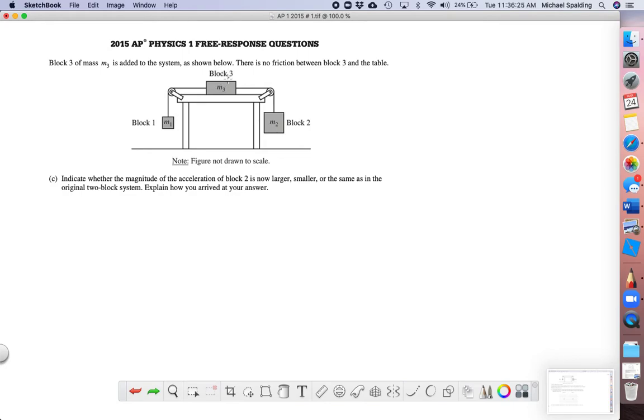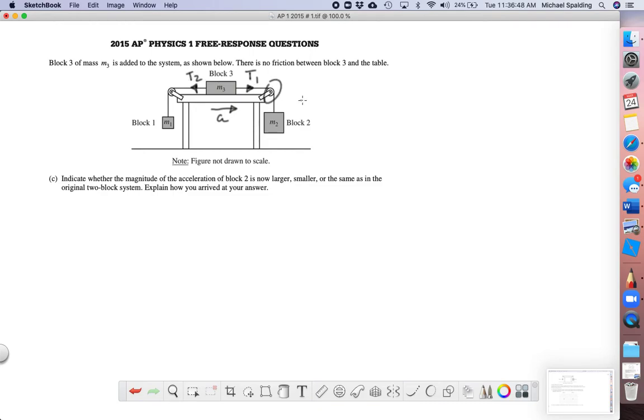Which way is block 3 going to move? It's going to accelerate to the right, which means we have a tension pulling block 3 to the right. Let's call that T1. And we have a tension pulling block 3 to the left. Let's call that T2.